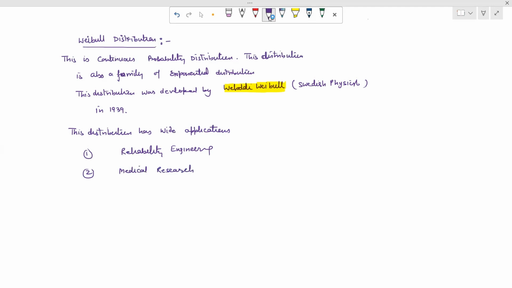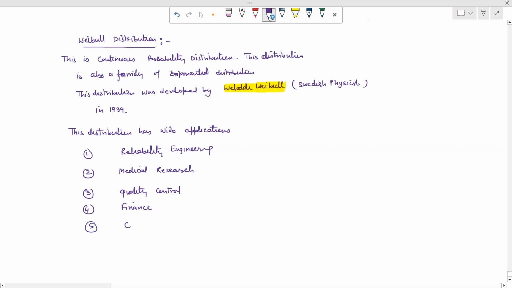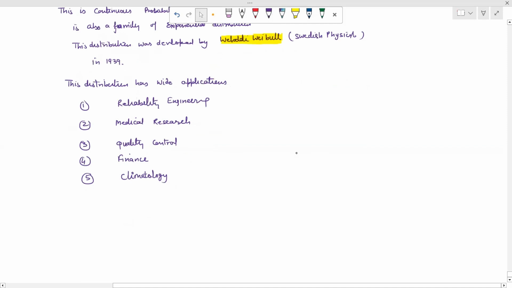Basically, this is a very powerful distribution. Third one is quality control. Fourth, finance. And fifth one is climatology. So these are the areas where we mostly use this distribution.